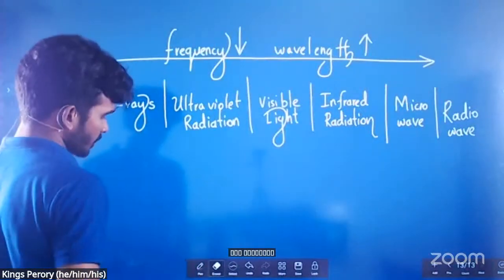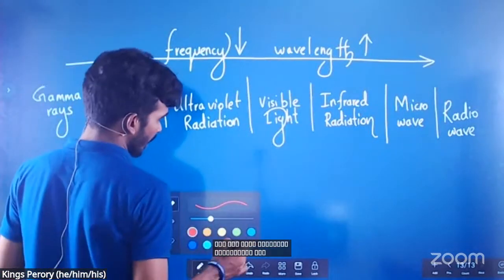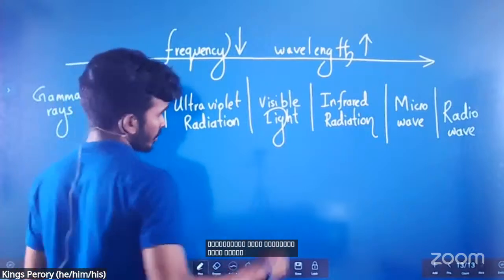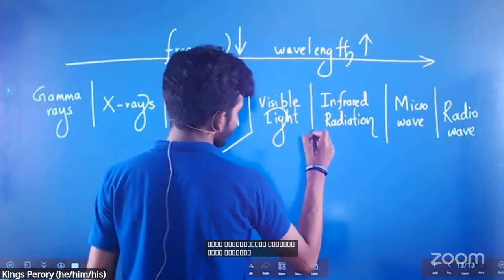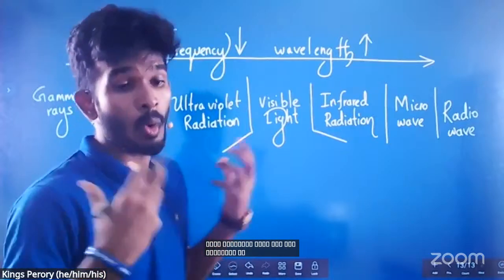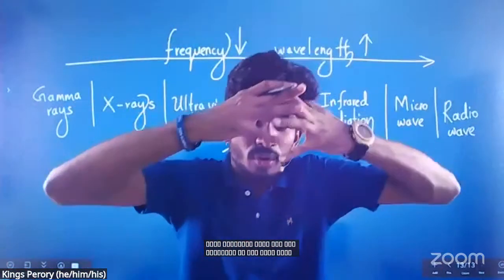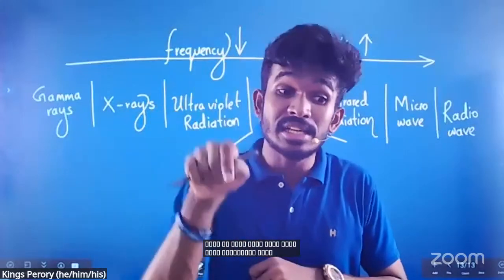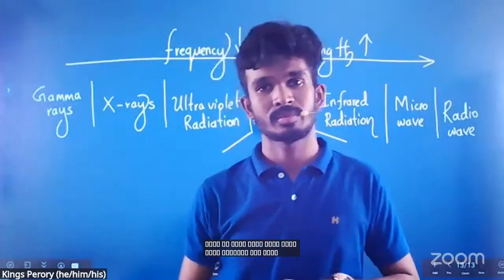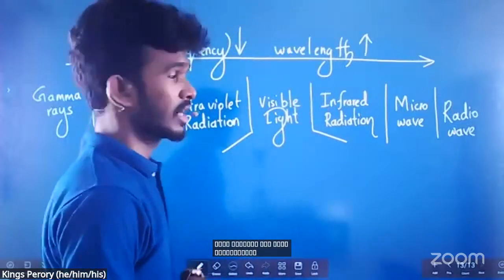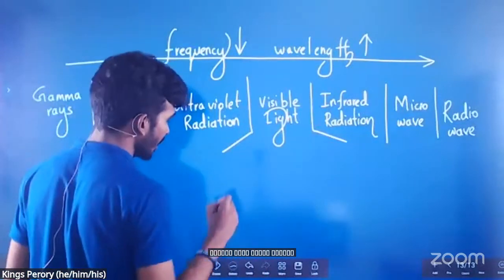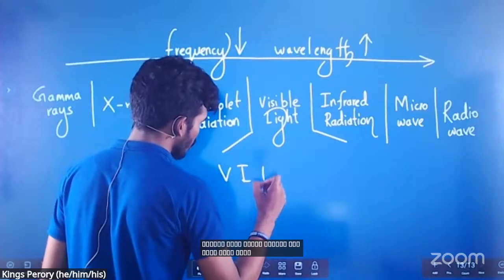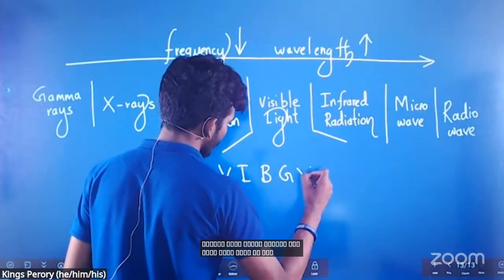One more point regarding visible light. Visible light is the light that is visible to our eye, white light. White light consists of 7 colors. What are the 7 colors in white light? VIBGYOR.